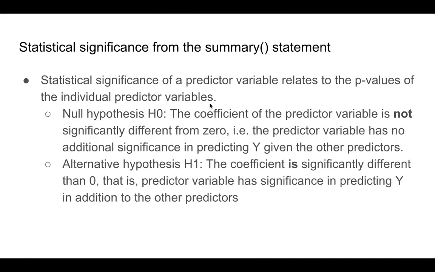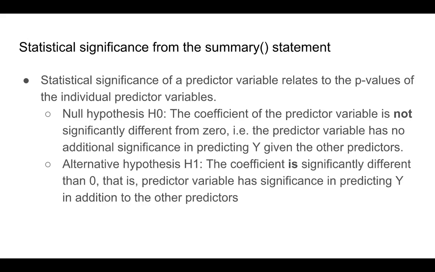How do I determine the statistical significance of a predictor variable from the summary statement? The statistical significance of any predictor variable relates to the p-value of that predictor variable. In your multiple regression or even in simple linear regression, the null hypothesis is that the coefficient of that predictor variable is 0, which means that the predictor variable has no significance in explaining the y variable.